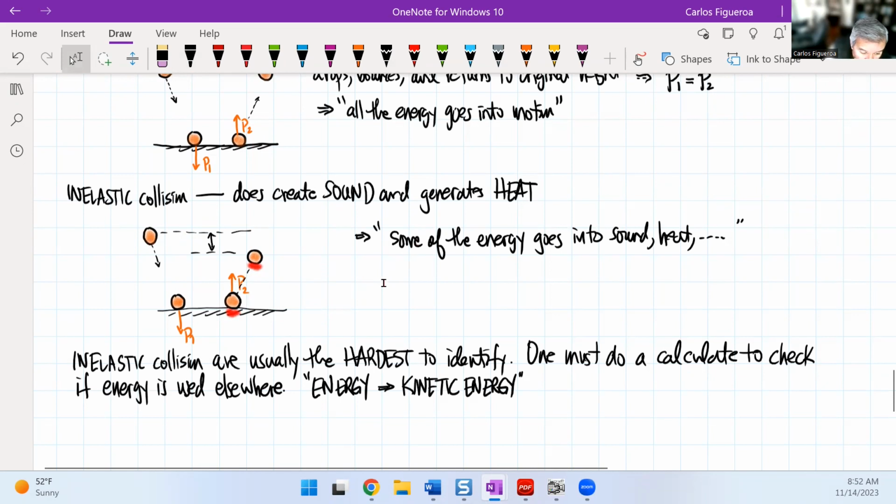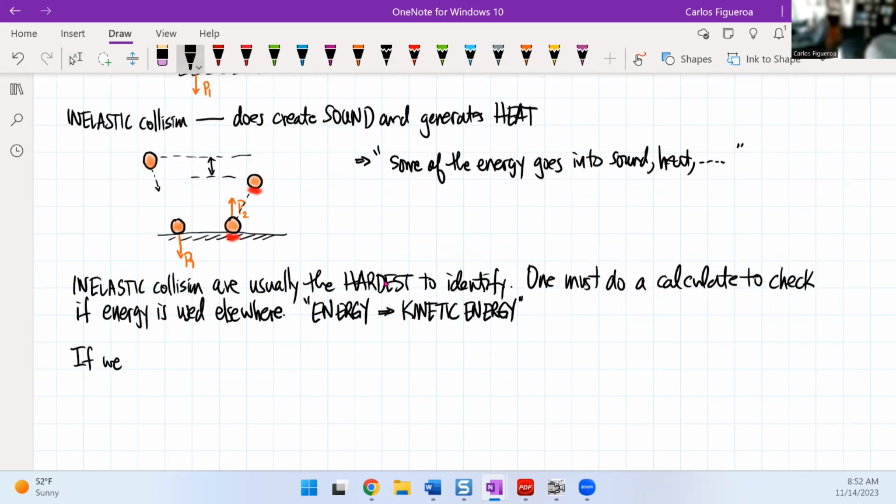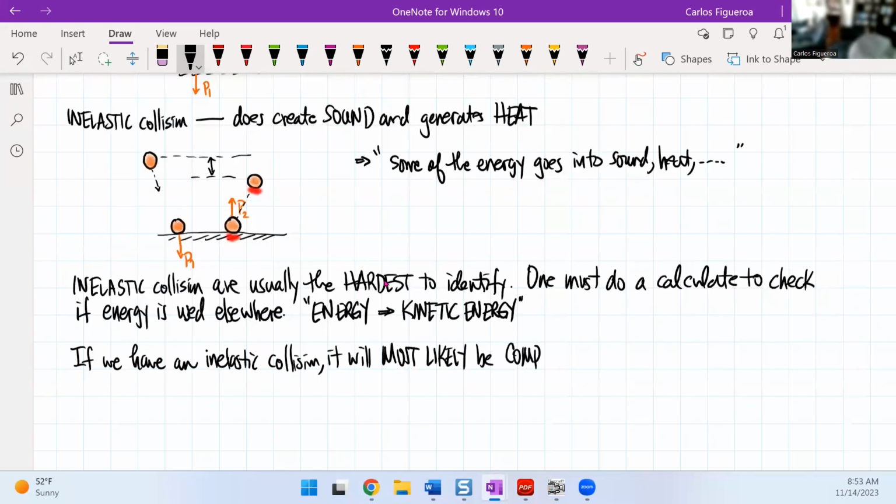So which is most likely the case? If we have an inelastic collision, it will most likely be completely inelastic.